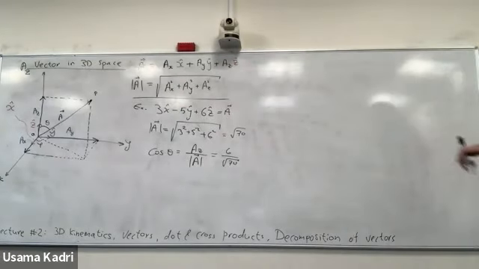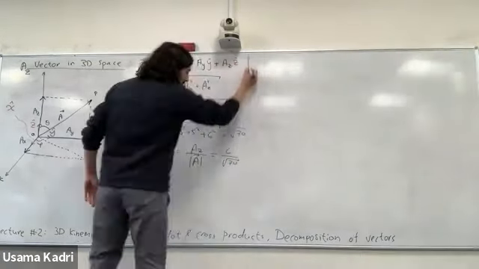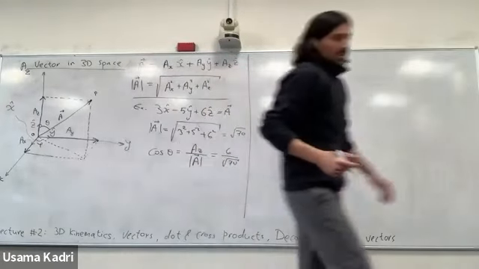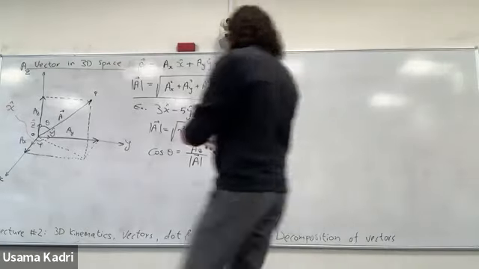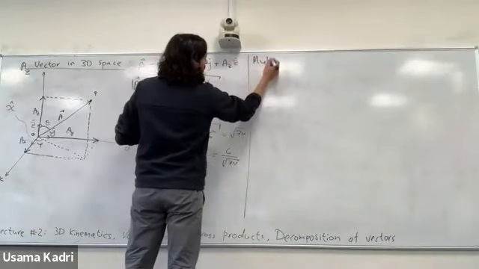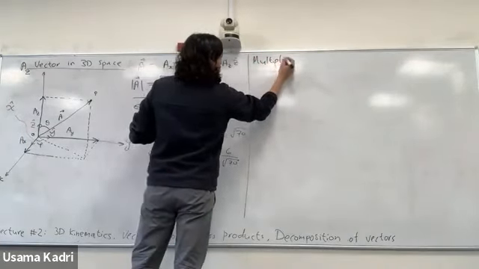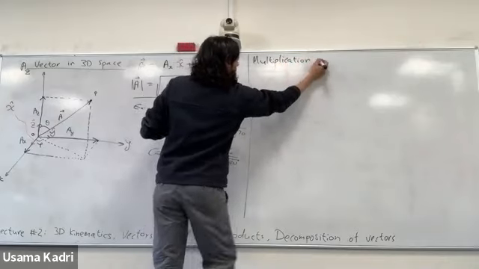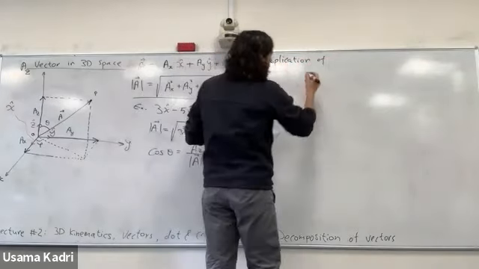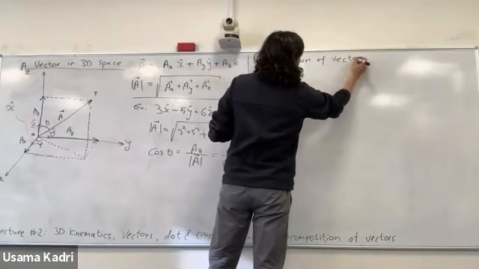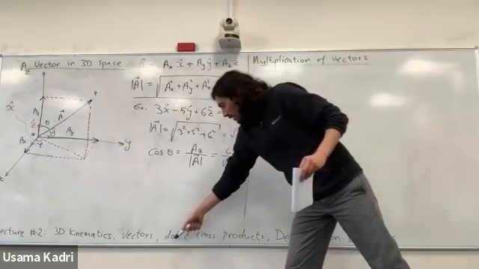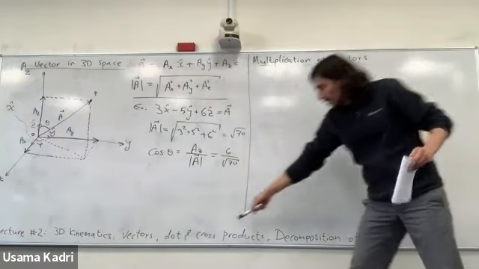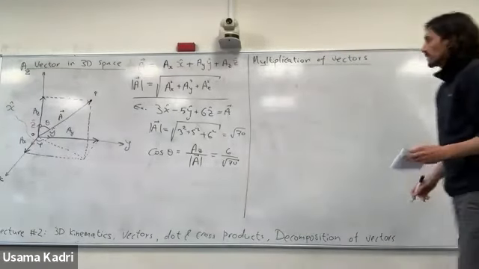Okay, now we get to something which is a little bit more complicated, which is multiplication of vectors. We have 2 types of multiplications. One is called the dot product, and the other one is the cross product.